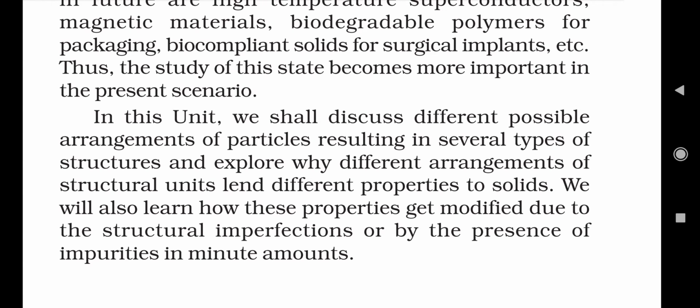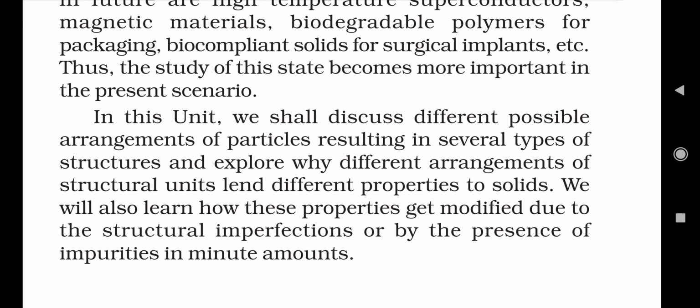So first of all we need to understand the structure of solids, the different structures of solids. Only then will we try to merge them, and then we will get all the desirable properties in one solid.